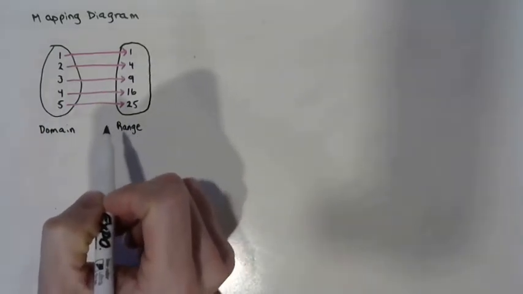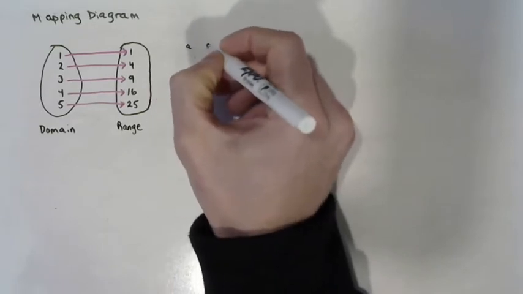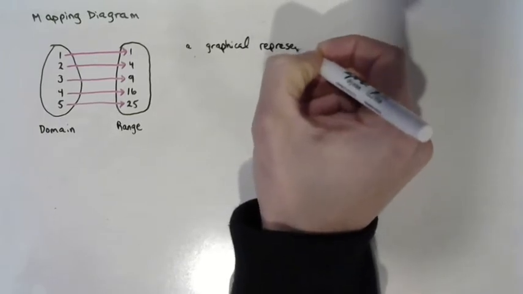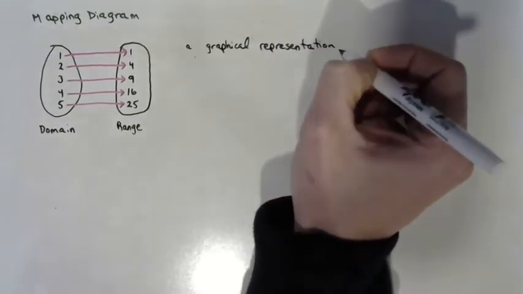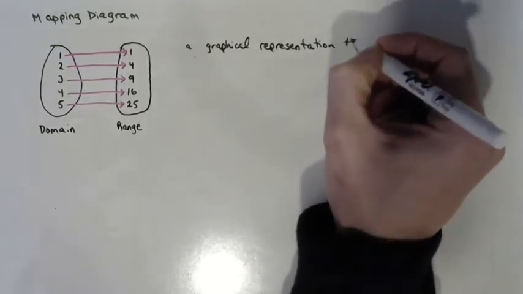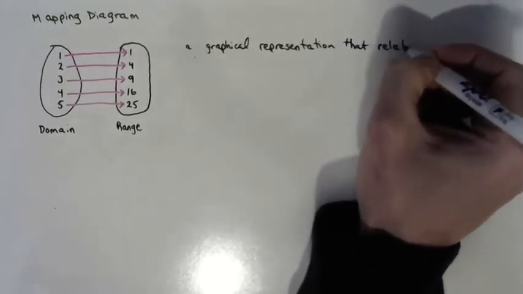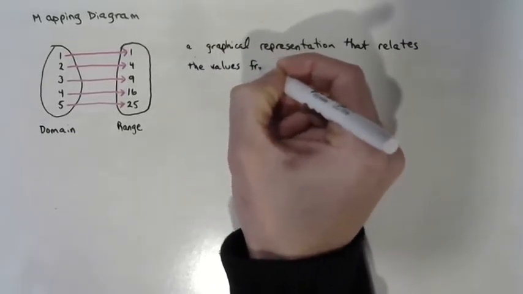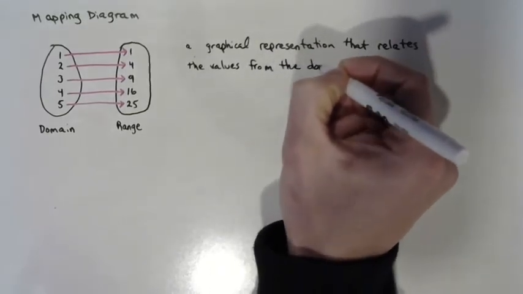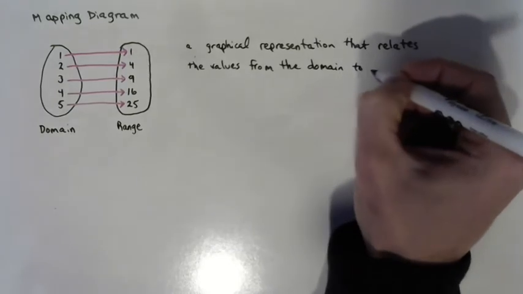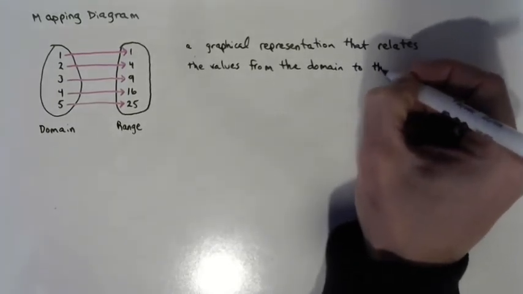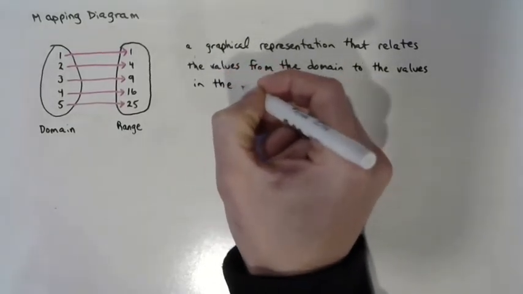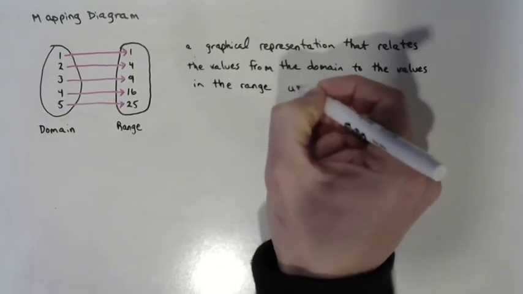Okay? Again, it is a graphical representation that relates the values from the domain to the values in the range using arrows.